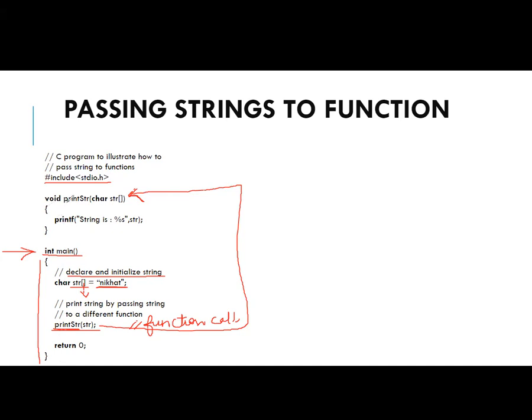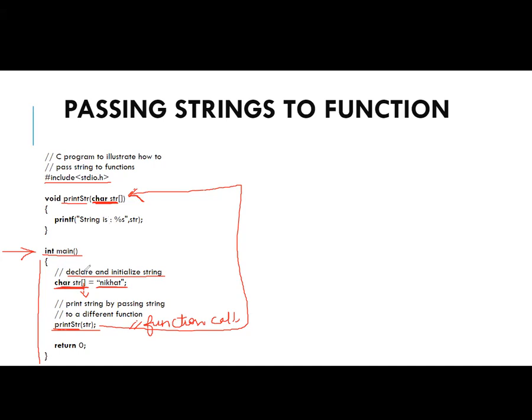Okay, so I have written print string and I have passed this entire array as the parameter. Can you see that this str is passing here, and what I have written in the function header, this entire character array.